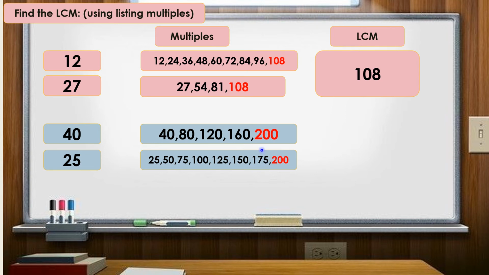Therefore, you may see there is a number that is the same. So that is their LCM. So in getting LCM using listing multiples, you need to get their multiples first and then locate the same number. Therefore, that is the LCM.